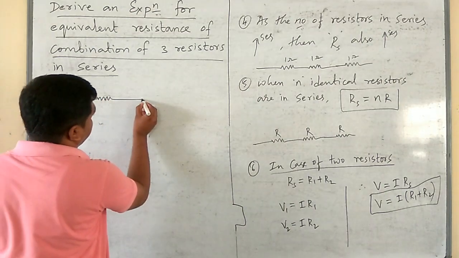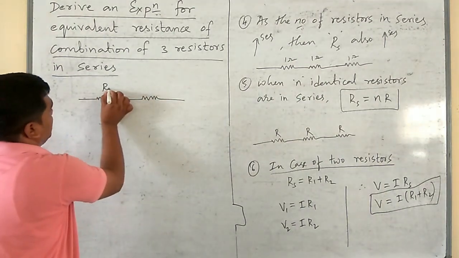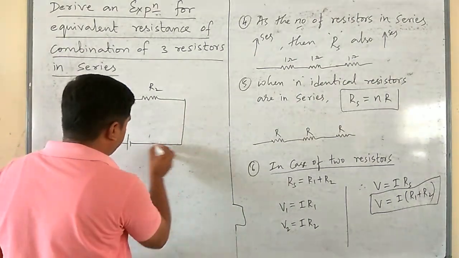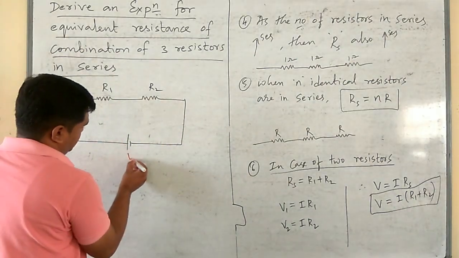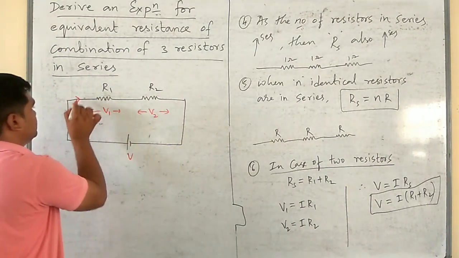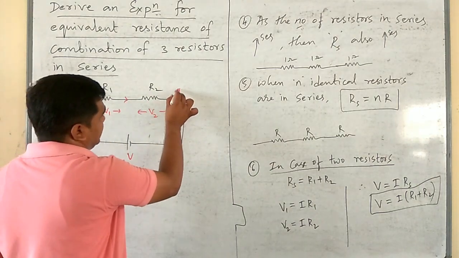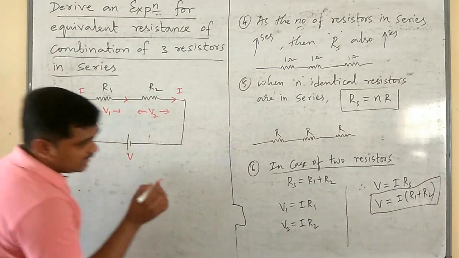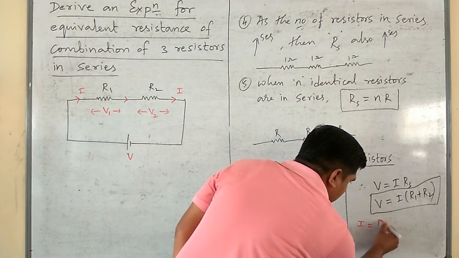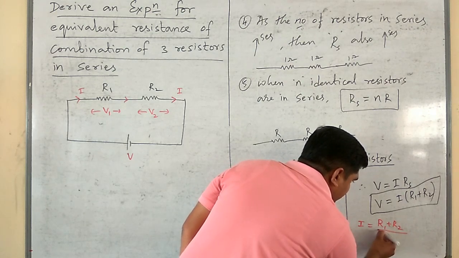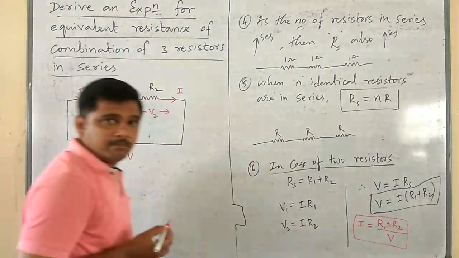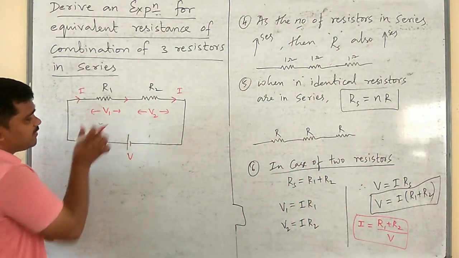If you take the combination like this, R1, R2, when it is connected to V, here V1, V2, the current is I, isn't it? Next, to find V1, what to do?